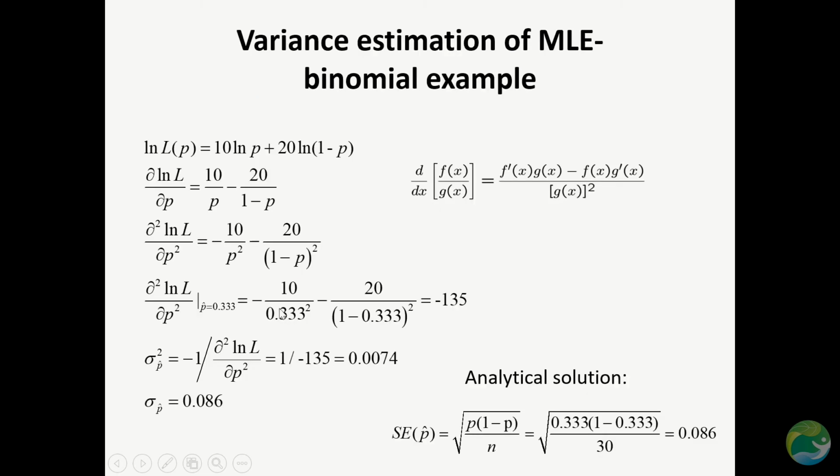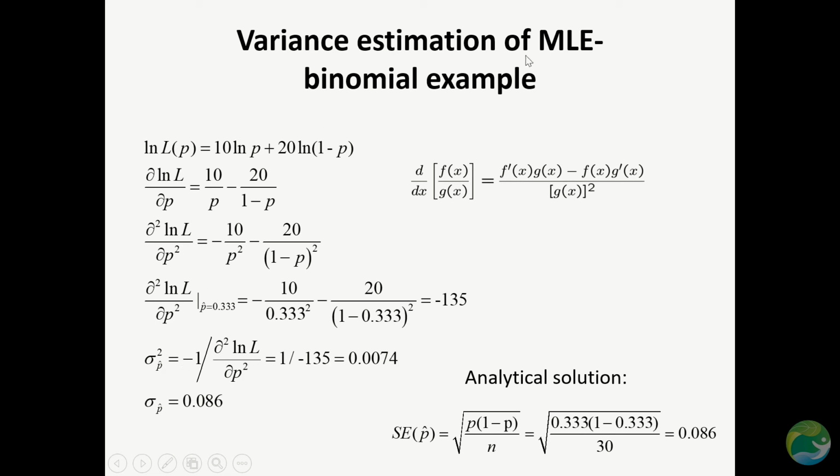In the maximum likelihood estimation, we can have the variance of the parameter. The variance of the parameter is by taking the second order of the derivative and then doing the inverse. Then we can have the variance of the estimation value.